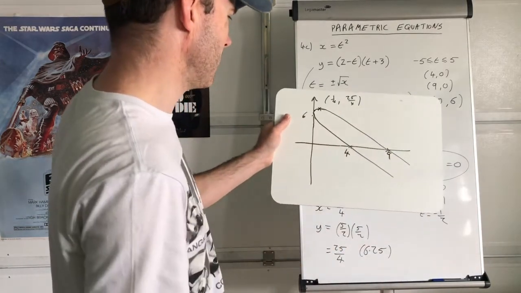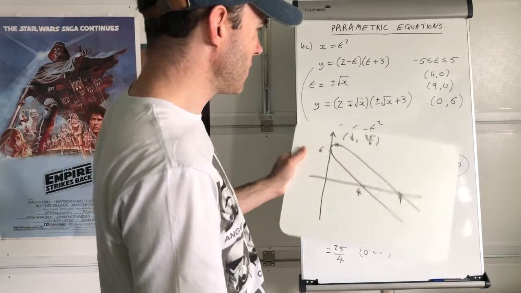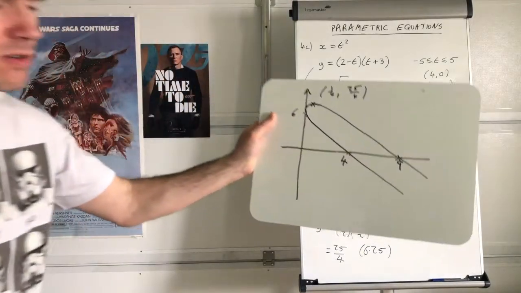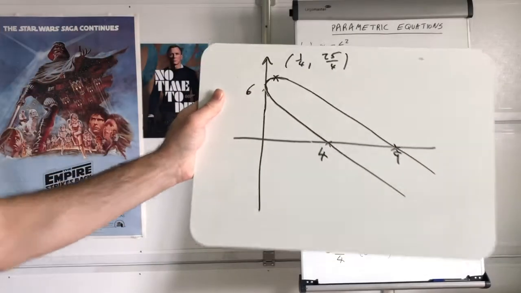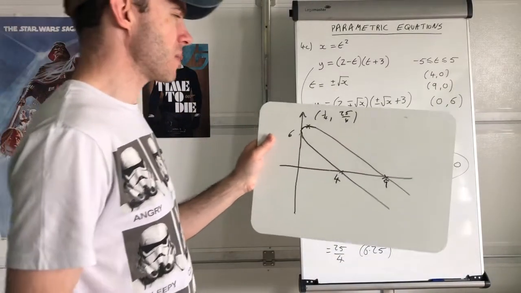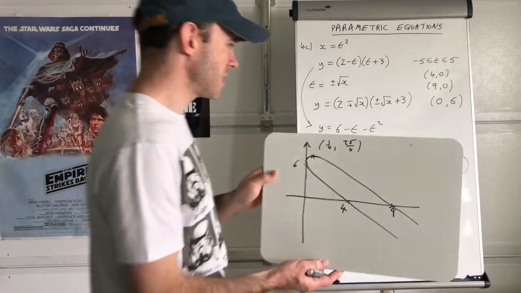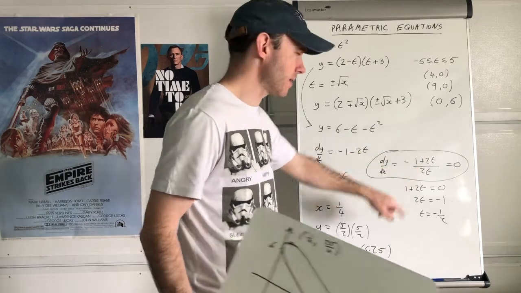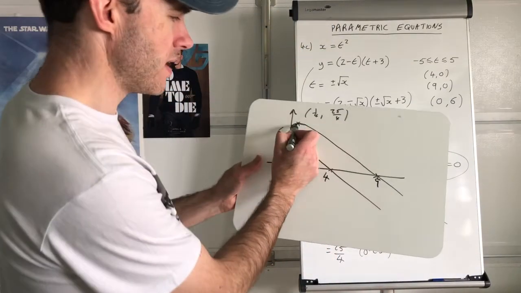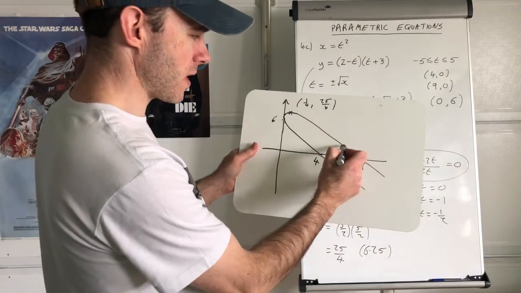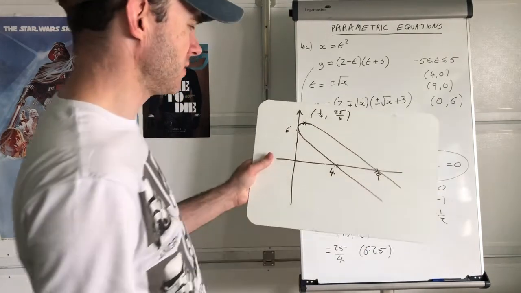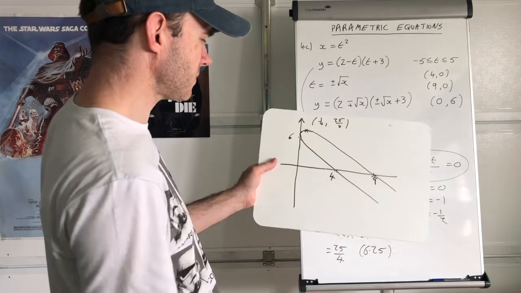Well, I've already worked out that there's not going to be any more stationary points. If there were to be more stationary points, you'd find some more values of t, and there aren't any. If there are no more stationary points, you're not going to have any more minimums or maximums going on anywhere down the curve. That's the only one.